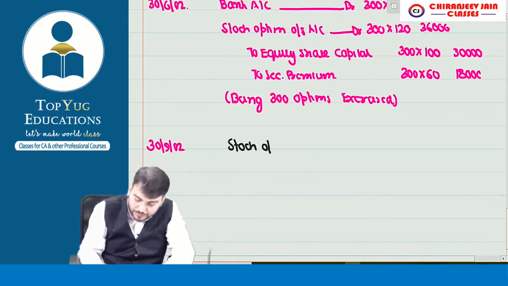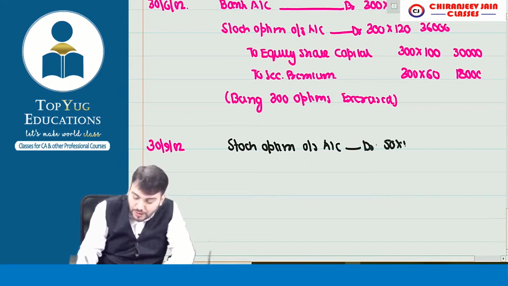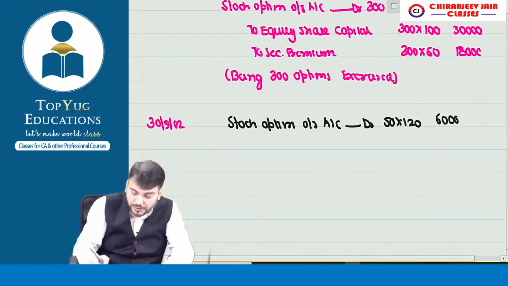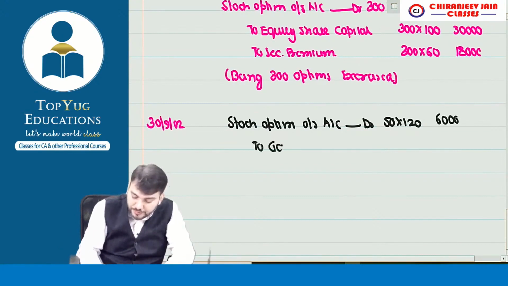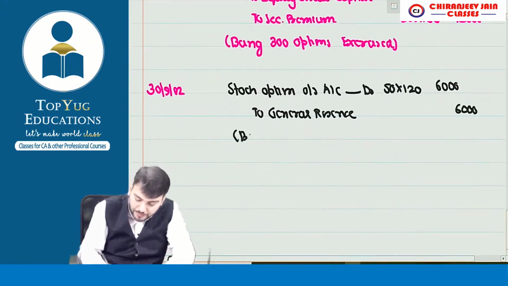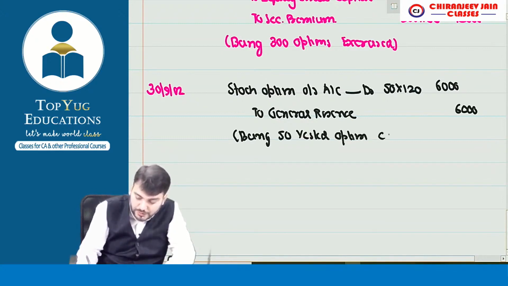Stock option outstanding account debit. So 50 into 120, that is equal to 6,000, to general reserve, that is 6,000. So being 50 vested options cancelled.